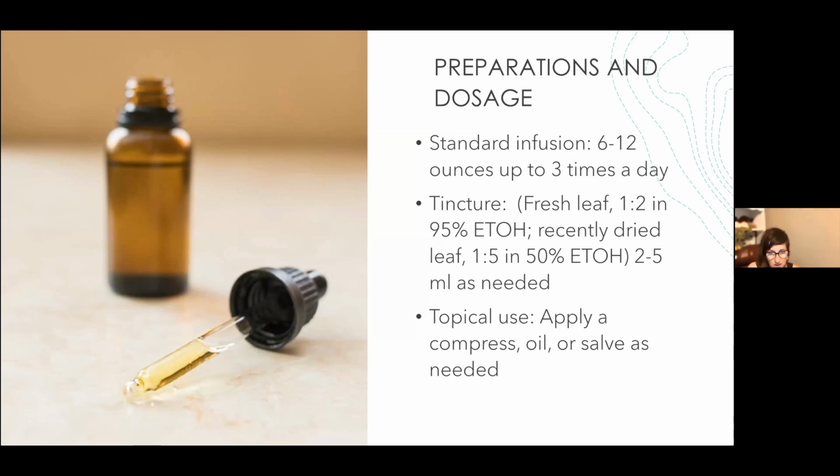Freely eat it. It can be applied topically as a salve, oil, or compress as needed. You can also chop it up to poultice or spit poultice if you're out in the woods or someone's yard and you need it. Yep, and there's how we tincture it.